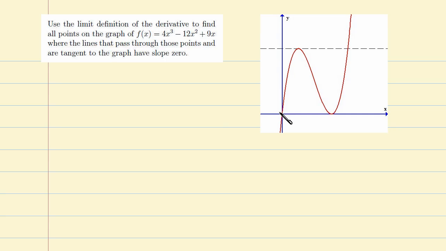Now, asking questions like this turns out to be very important, and we'll see this again later on, as not only does it tell us a point where we have a horizontal tangent, but it also tells us the point at which our function achieves its maximum value in some interval, or, in the case of this point, a minimum value in some interval.